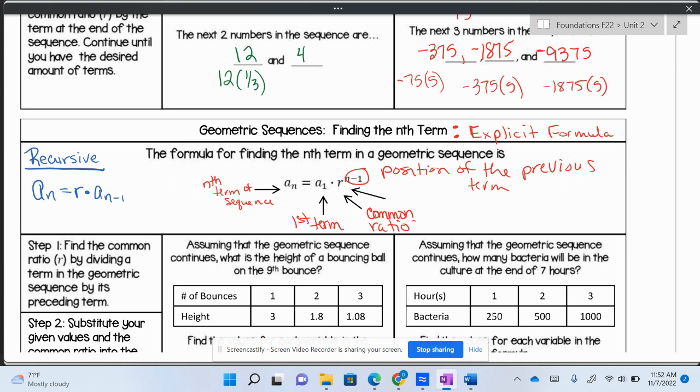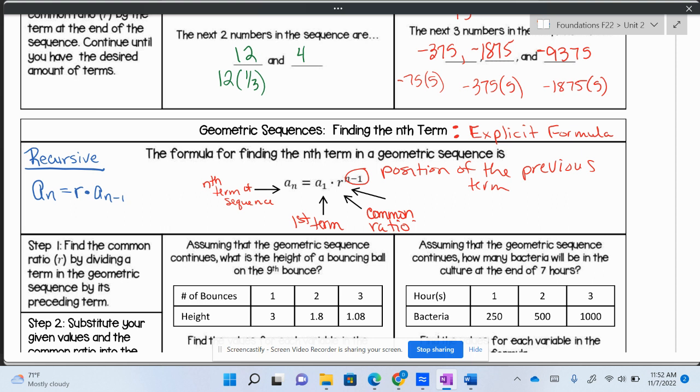Just like, if you remember, you had to write the recursive formula 6 or 7 times last week. The recursive formula for an arithmetic sequence is a to the n equals a to the n minus 1 plus d, because we were doing the common difference. Same idea.